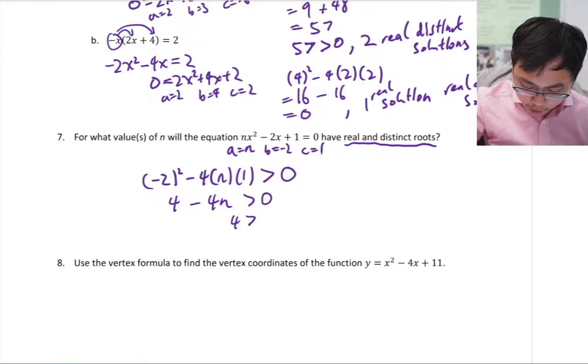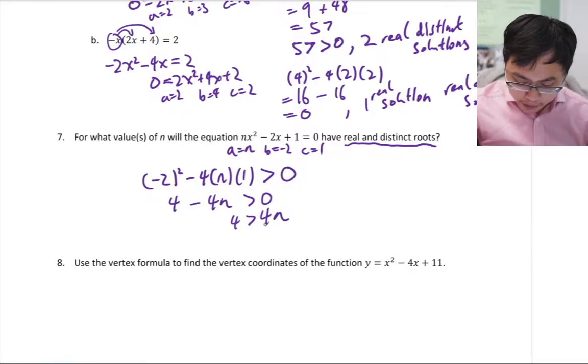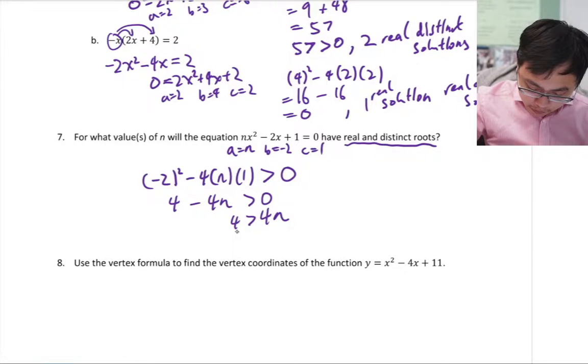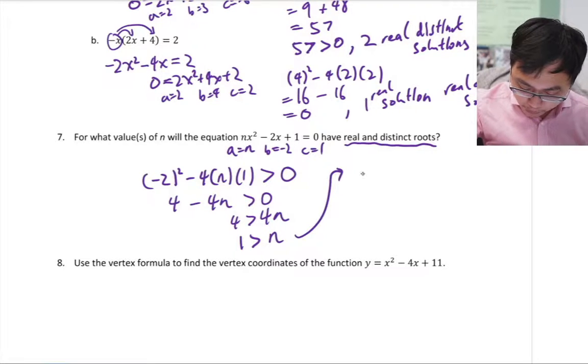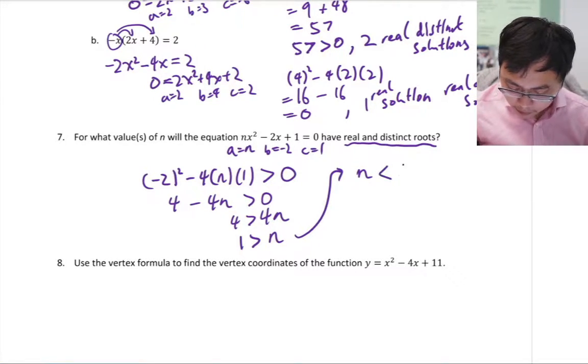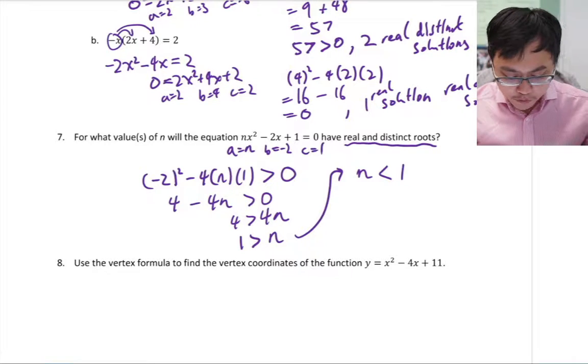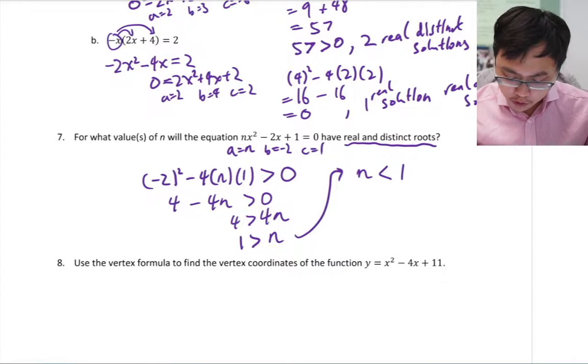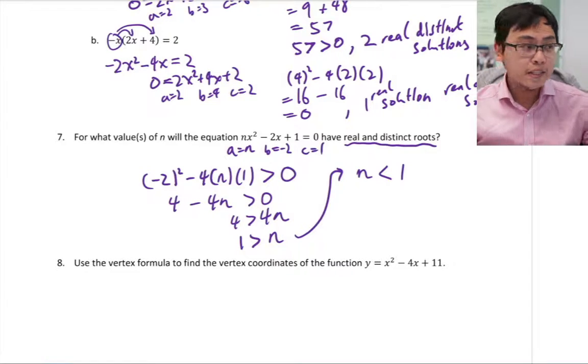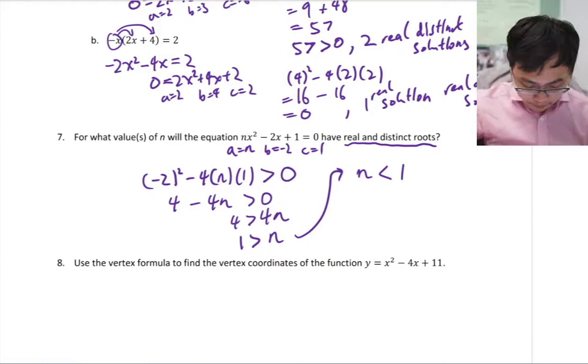So 4 is greater than 4n, and then I'll divide both sides by 4, so 1 is greater than n. Let's write it the better way: we want n to be less than 1. So the equation has real and distinct roots for all values of n that are less than 1.